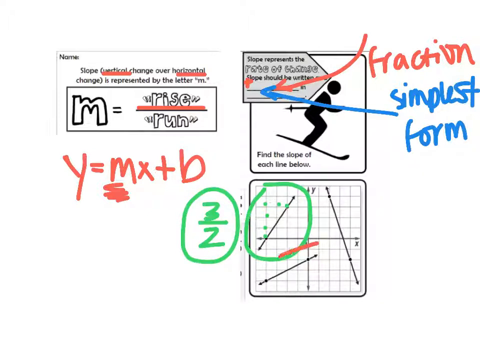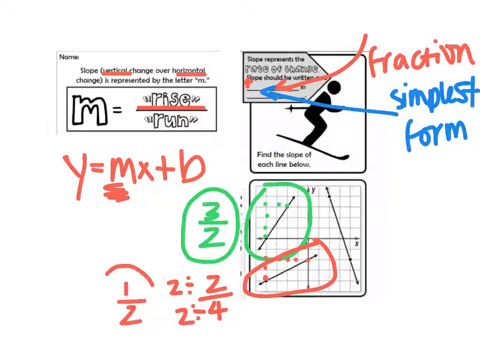Okay, this line down here, again, if you start at the leftmost point and count up, so we can count up 1, 2, so it's up 2 and over 1, 2, 3, 4. So that would be 2 over 4. Now this does reduce. I can take a 2 out of both of these. 2 divided by 2 is 1. 4 divided by 2 is 2.